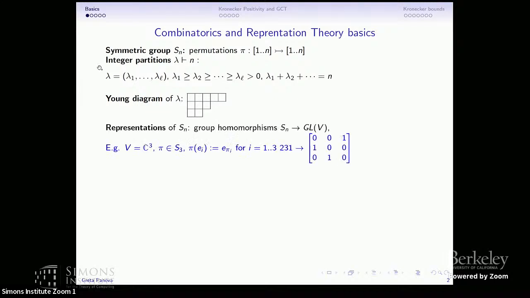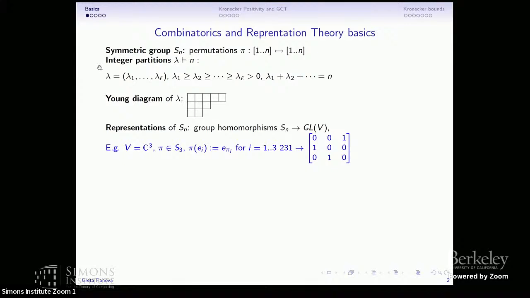So what are representations? They were mentioned already a few times implicitly. Let me just explain this very briefly so that we have some idea what I'm talking about. The representations of, in this case, the symmetric group, and in general, are group homomorphisms from this group to the general linear group, or in other words, ways of representing the group elements as matrices so that the matrices obey the same rules as the group elements.